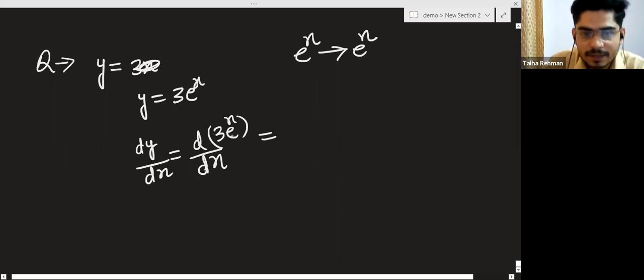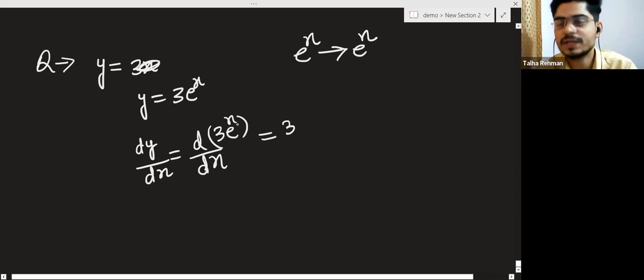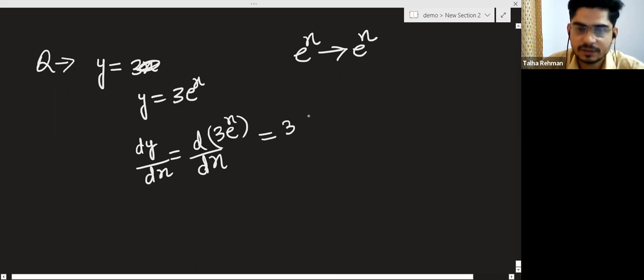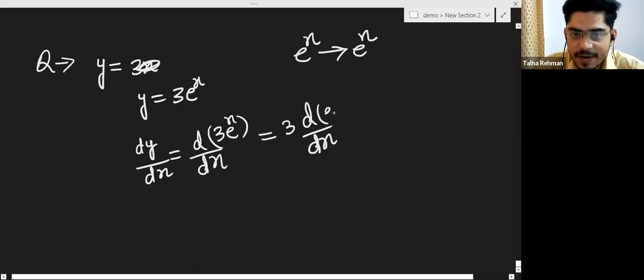So 3 will be outside because 3 is constant, and a constant is always outside the differentiation or integration.